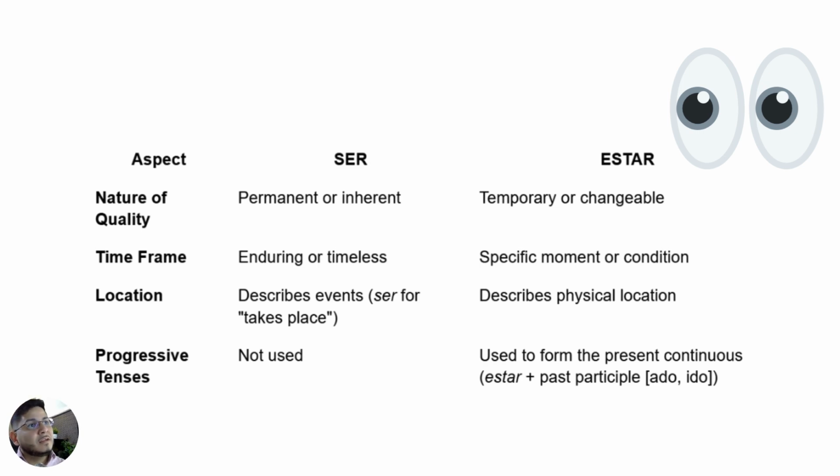When it comes to estar, when you're describing something by using estar, you are saying that it's temporal or changeable. When talking about time, if you use ser, time is timeless and enduring in a sense, because if you say it is 2 o'clock, es or son las dos, you're not talking about some specific situation, if that makes sense.